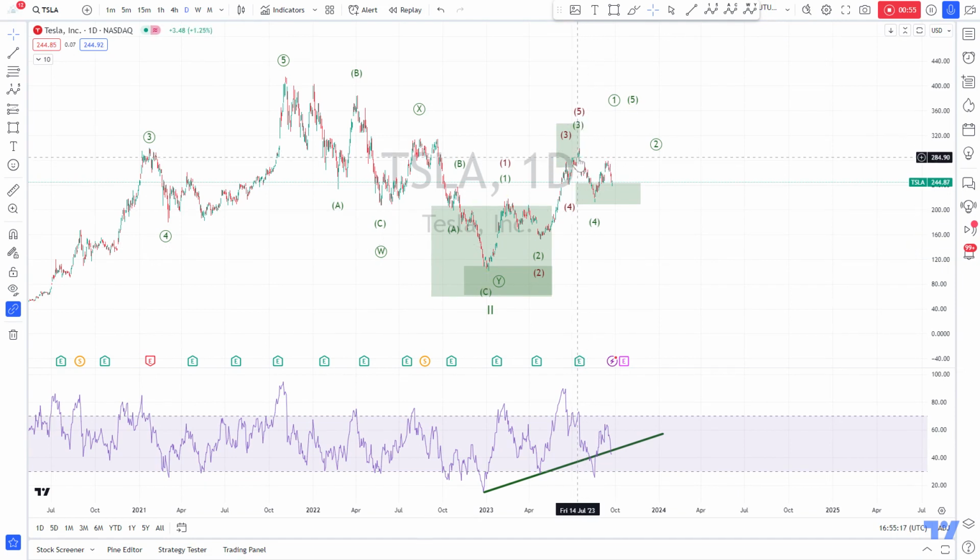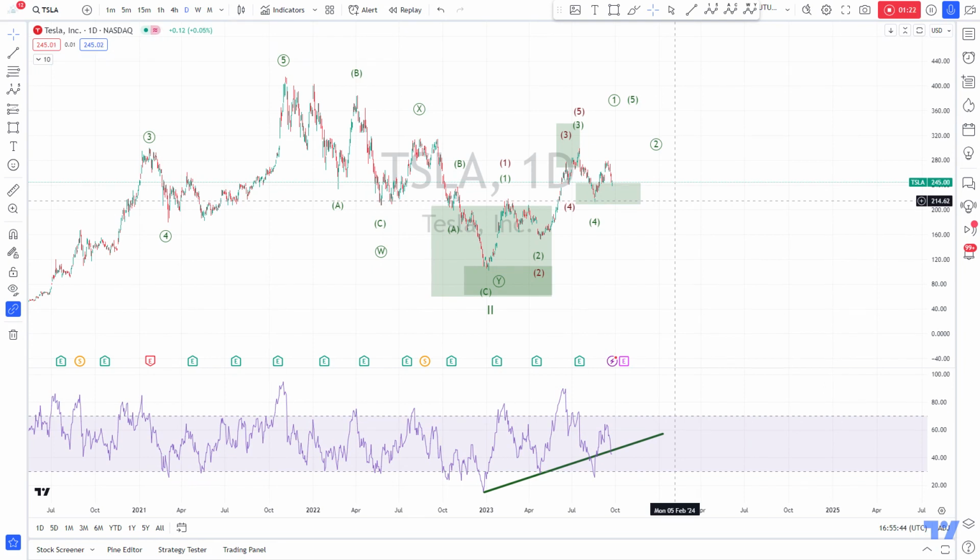I would say we were somewhere here. I was expecting a top to be in and a wave 4 retracement, and this actually happened. So I will put the link in the description of that analysis. This analysis of 2 months ago is just to show you how powerful the Elliott Wave method is.